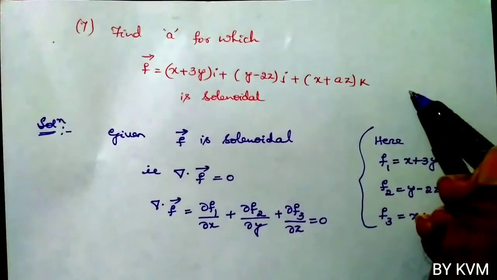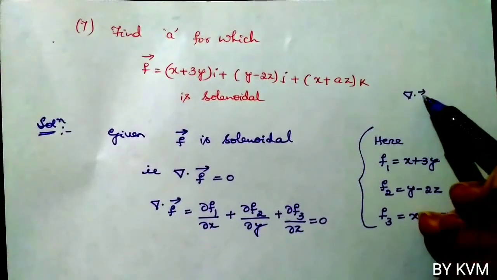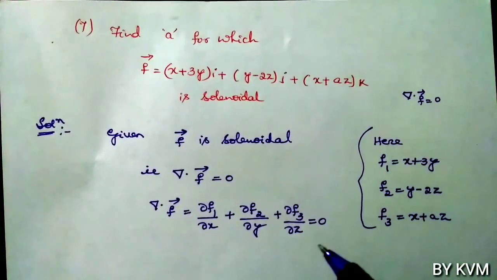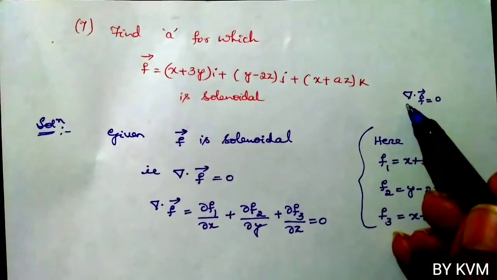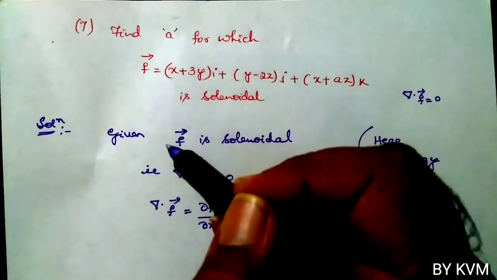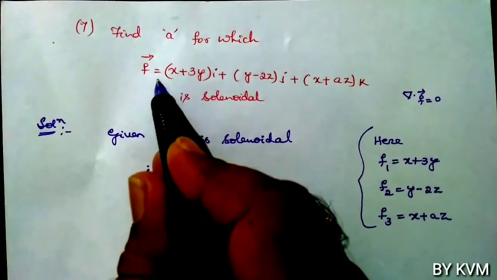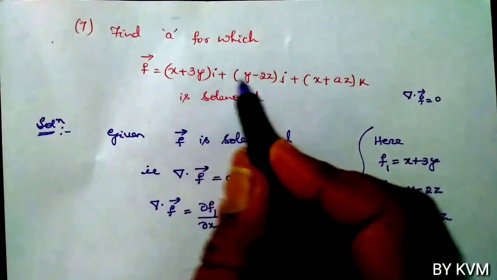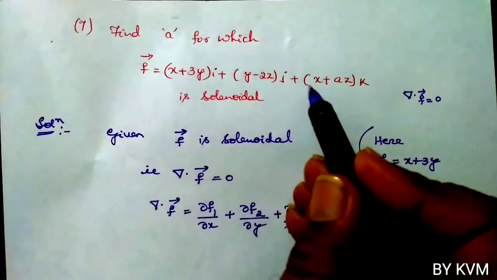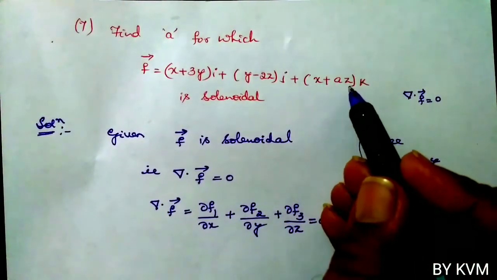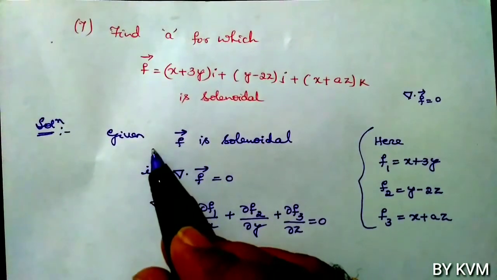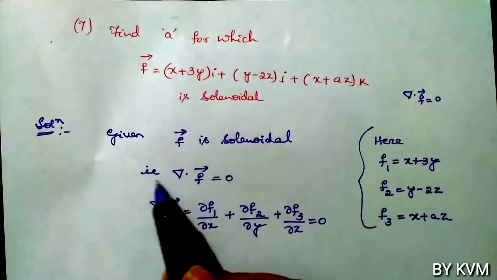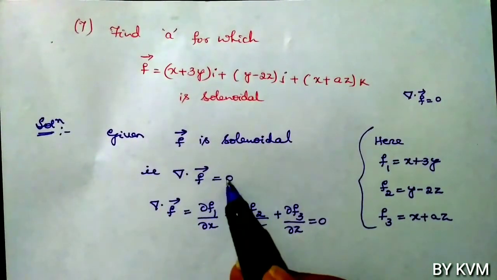Solenoidal means we know that del dot vector f, the divergence, should be equal to 0.